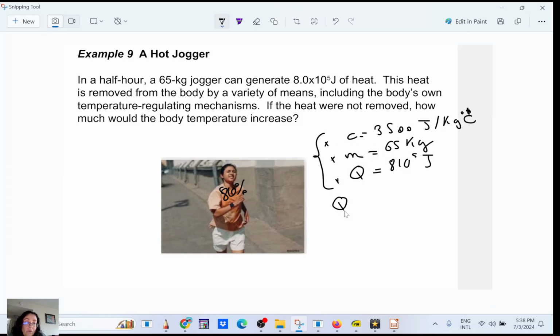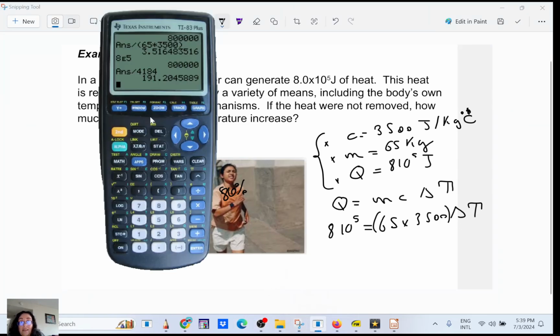Let's apply the equation Q equals mc delta T. You can pause the video. 8 times 10 to the 5 is the energy produced, and the mass is 65, times 3,500, times delta T. You can get your TI: 8 times 10 to the 5, divide by 65 times 3,500.